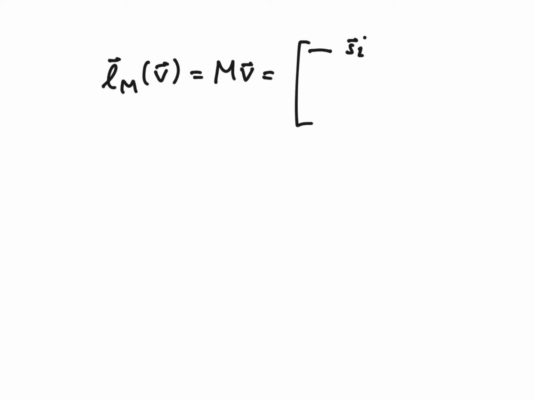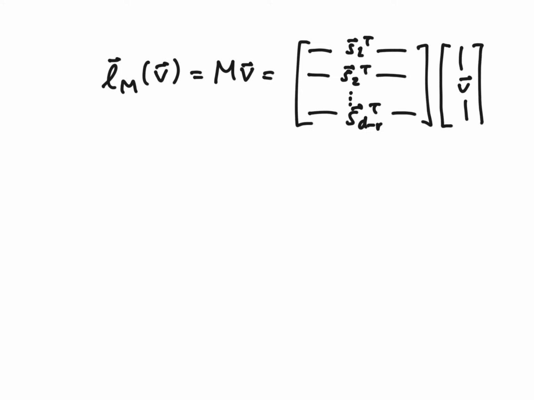Well, if I take that matrix M and I multiply by the vector V, in other words, I'm looking at the linear map based on that matrix M and applying that to the vector V, that just gives me M times V. So we know the rows of the matrix M. And the way matrix multiplication works is that to compute this product, you take the first row of the left-hand factor and multiply it by that column.